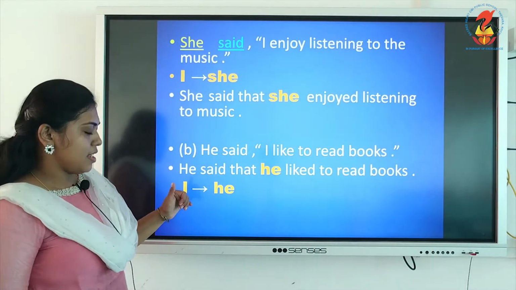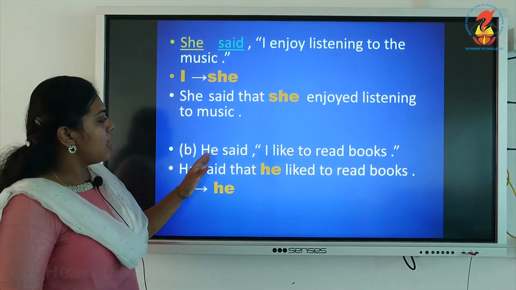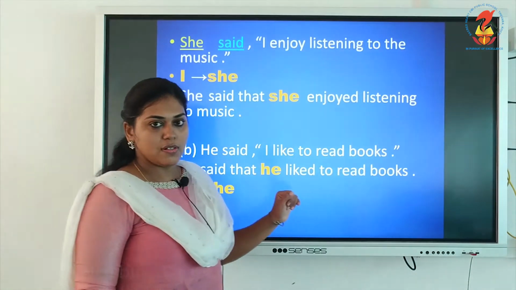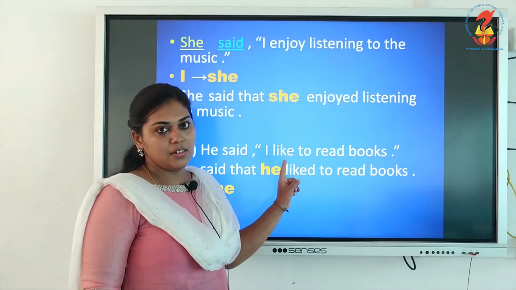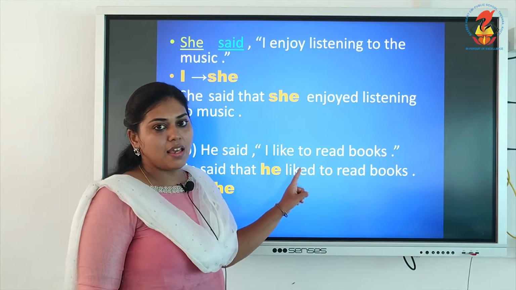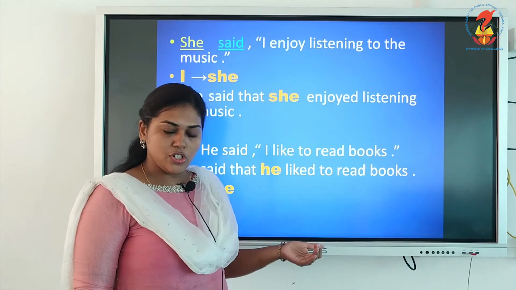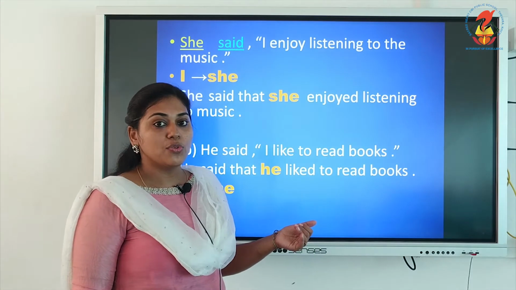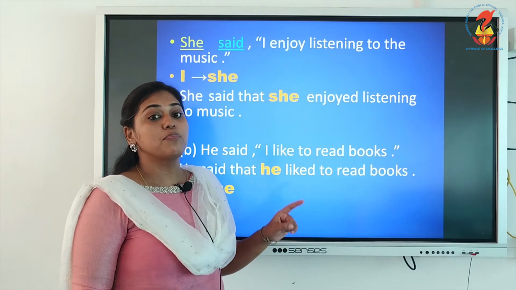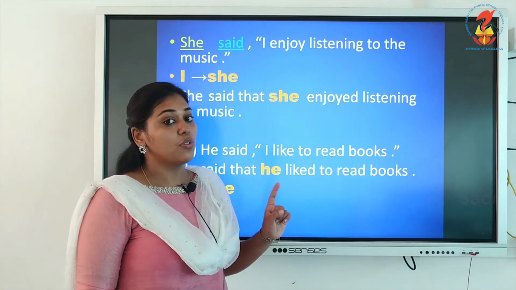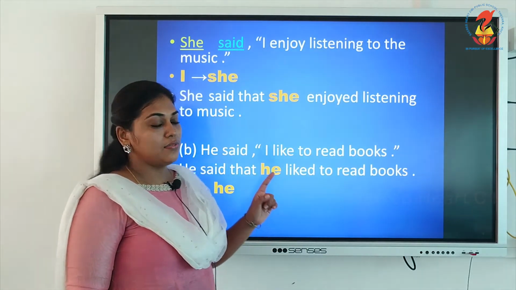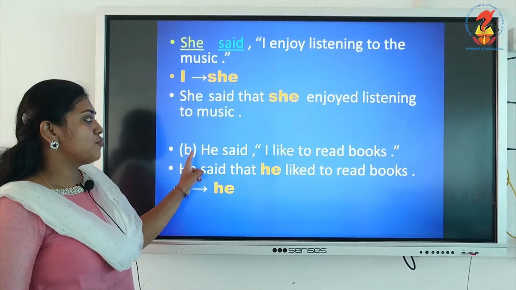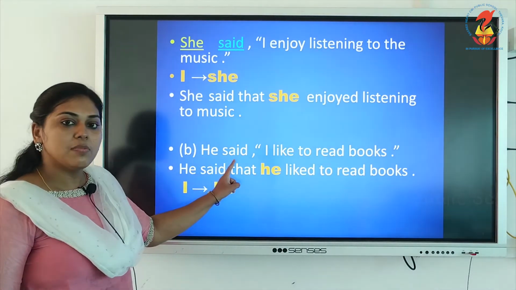Next example. He said, "I like to read books." So, we understood that the personal pronoun I is there in the dialogue. So, when you change it into indirect speech, what do you have to do? You have to use the same person as the subject of the reporting verb. Reporting verb is said here, right?